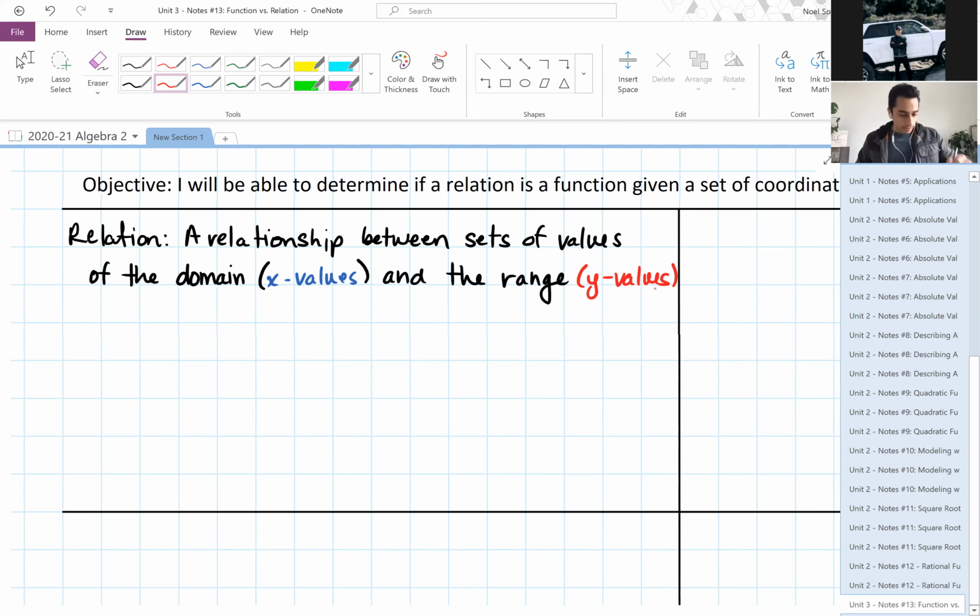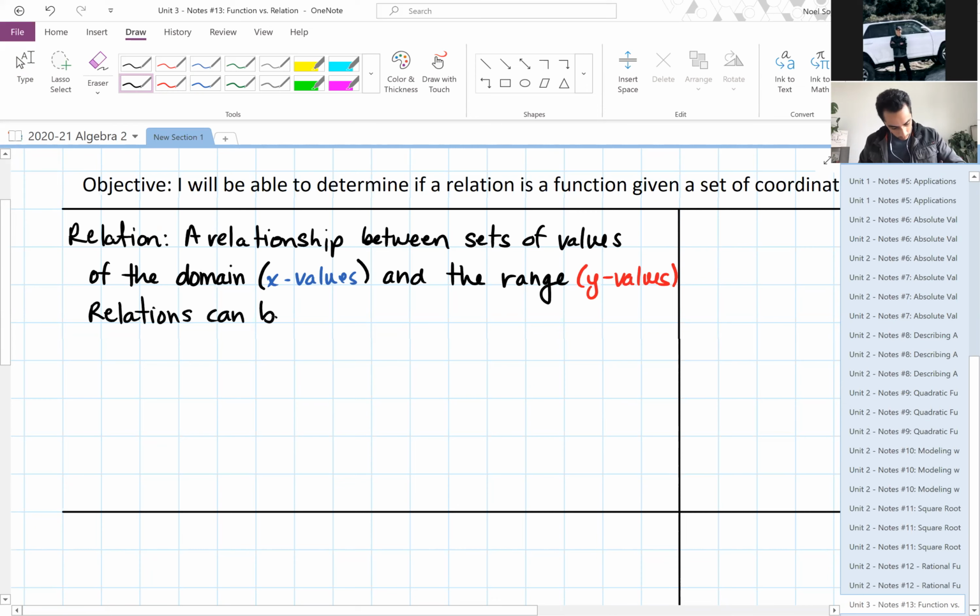All right, and then relations can be displayed as a table, right? So like a table of values, like your X column and your Y column. So a table, a mapping.